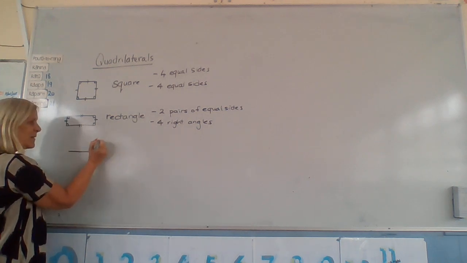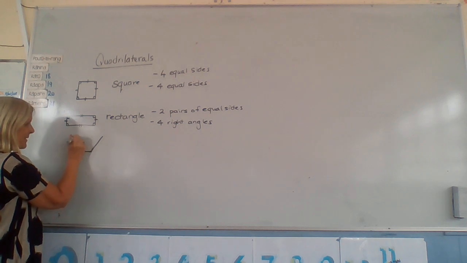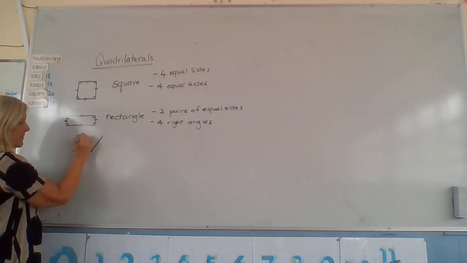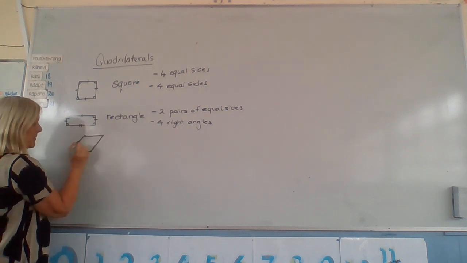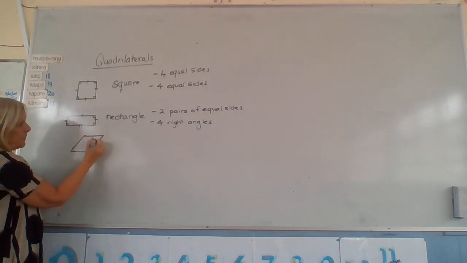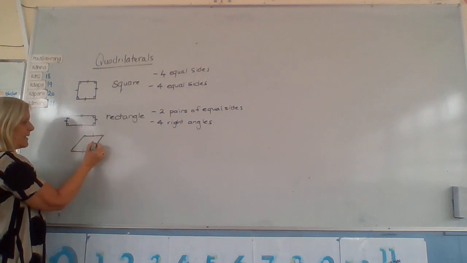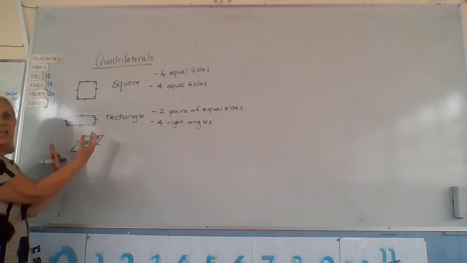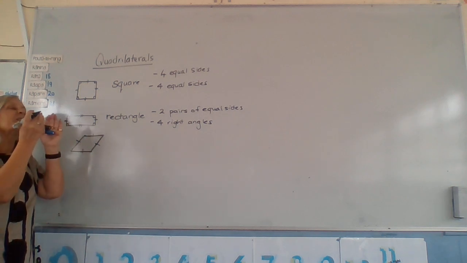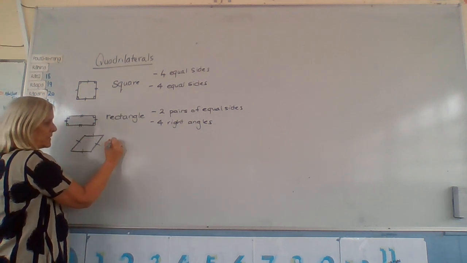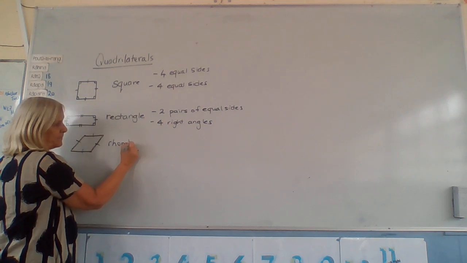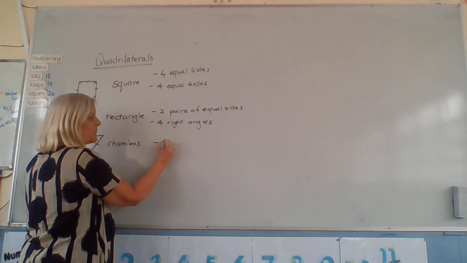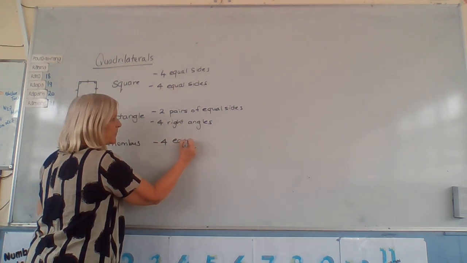Take my square, push it over. Now, a lot of people, unmathematically, call this a diamond, all right? But its mathematical name is a rhombus. And the only thing it has is 4 equal sides.